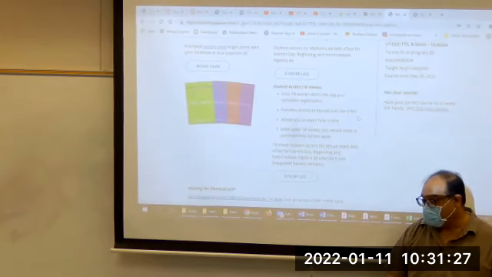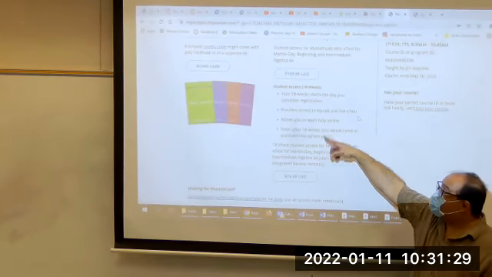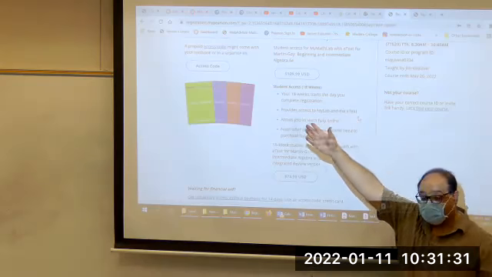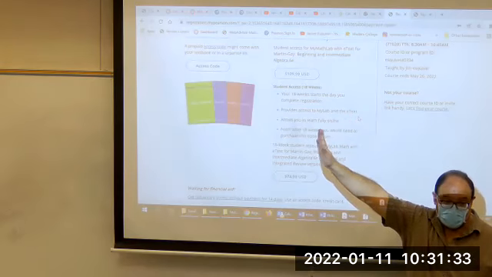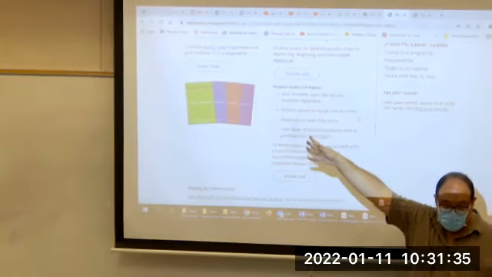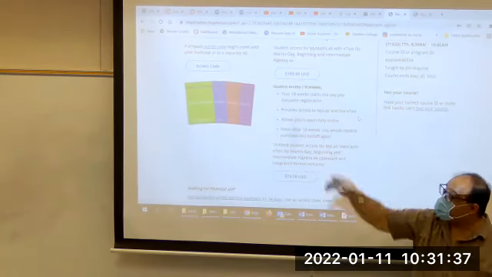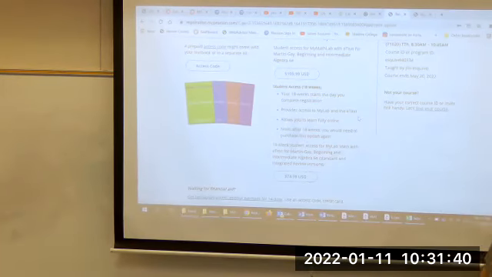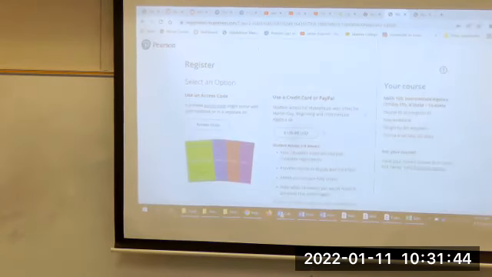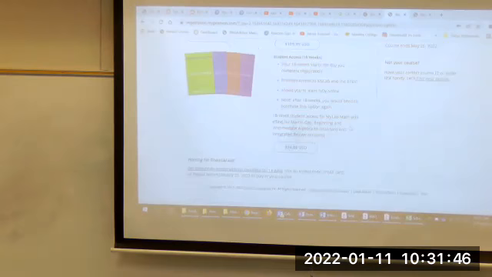Okay. So I usually recommend going through Pearson itself. Otherwise, do your own thing if you're doing an access code from a bookstore or somewhere else. But once you get in, okay, and if you're waiting for financial aid, I really wish they would make this bigger.